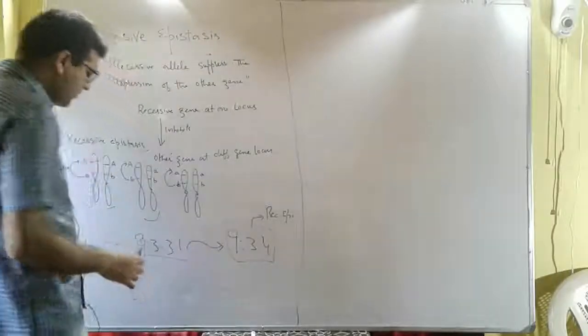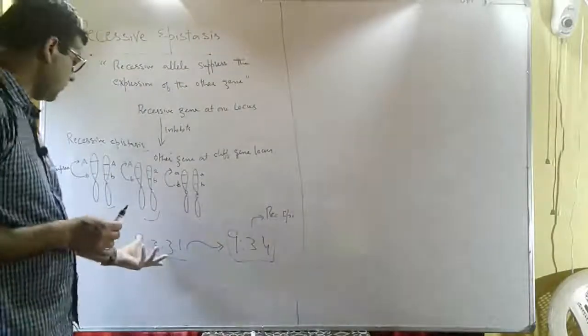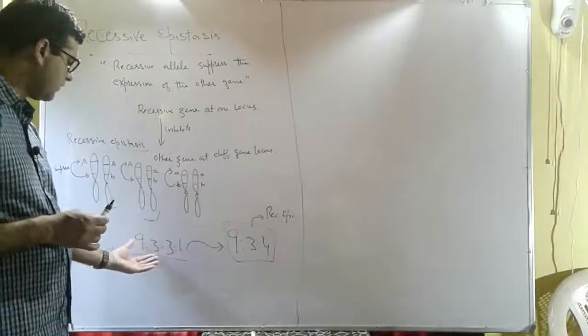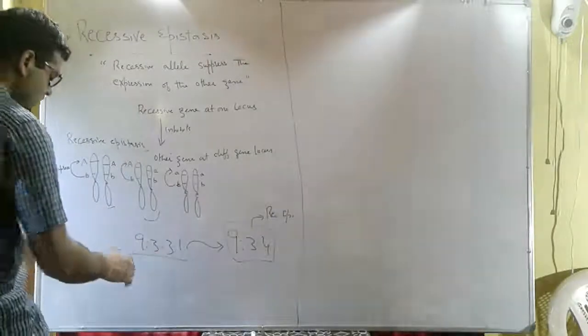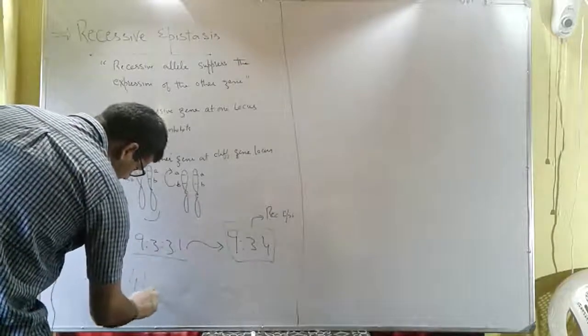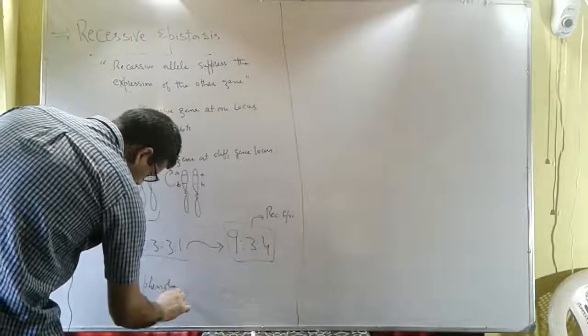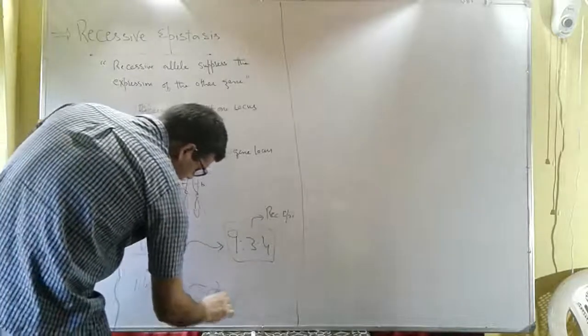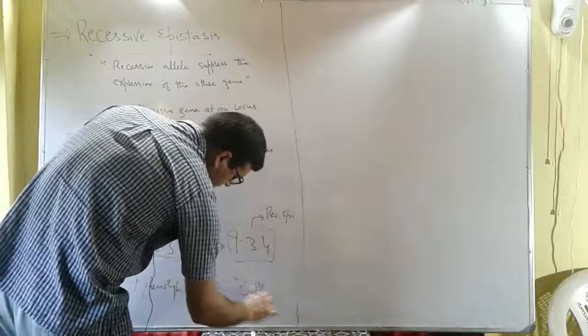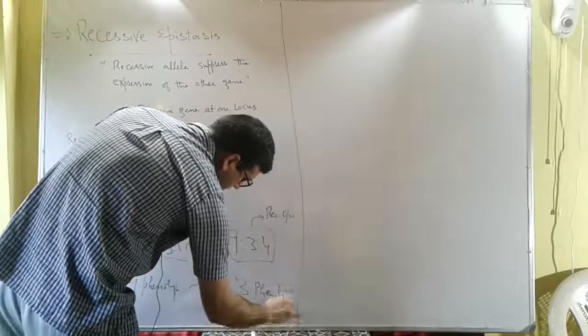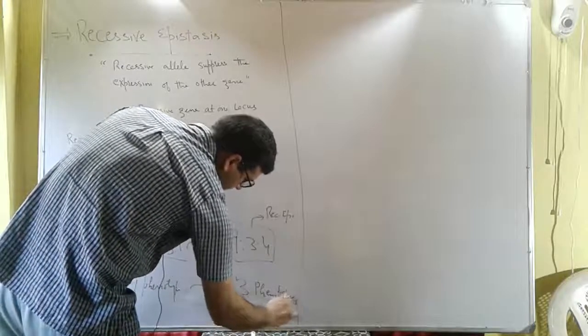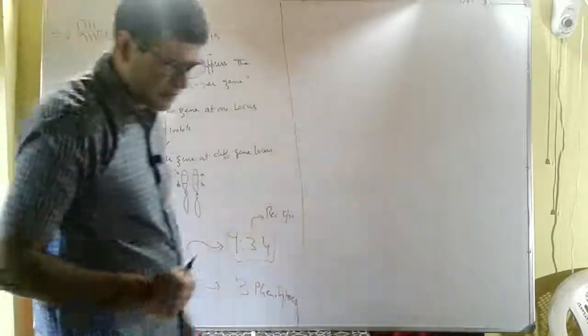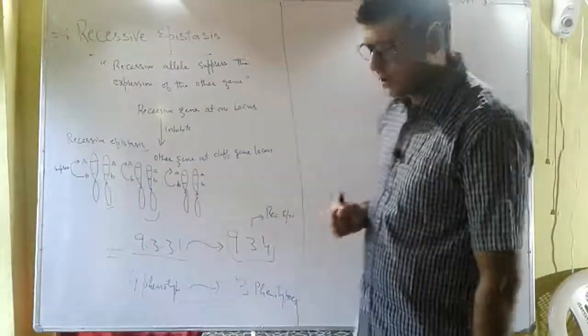Also, the number of phenotypes, which is 4 in a normal dihybrid cross, gets reduced to 3 phenotypes in case of recessive epistasis.